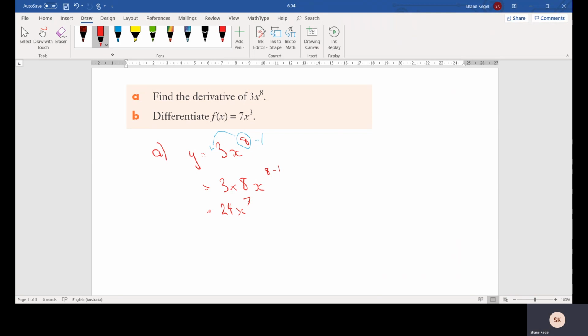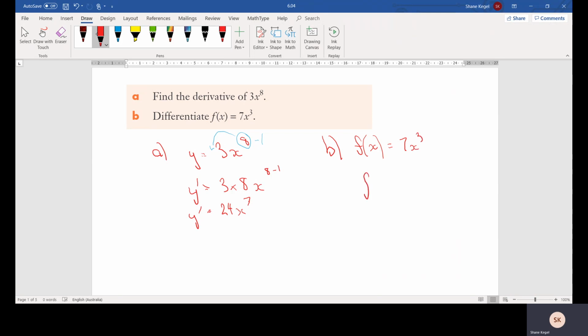Part B, differentiate. Now we're given another, over here I should have added y equals that, therefore this is y dash. The derivative is always represented with a dash if we're using y, or using this notation as well. So f of x in this case equals 7x cubed.